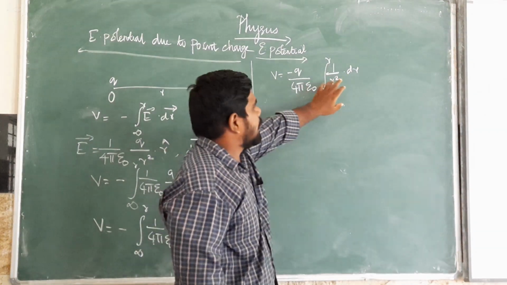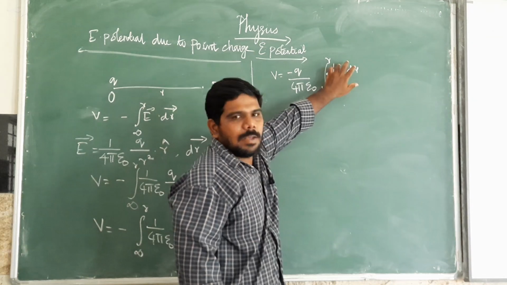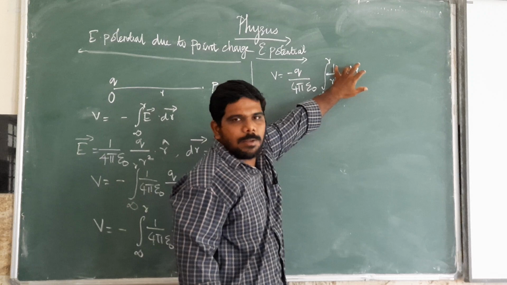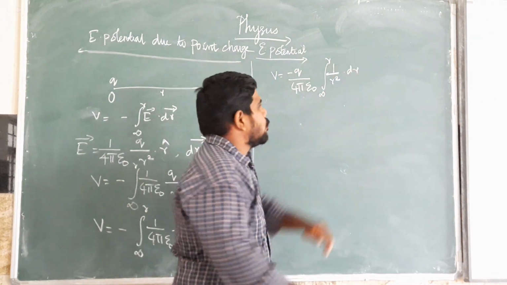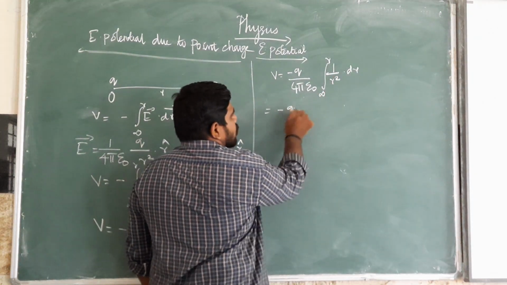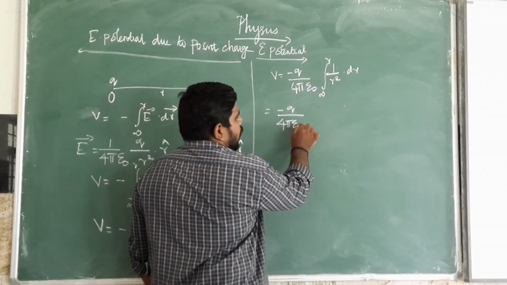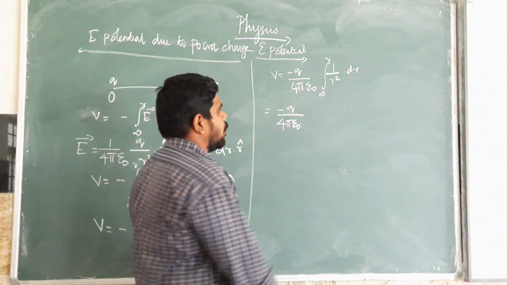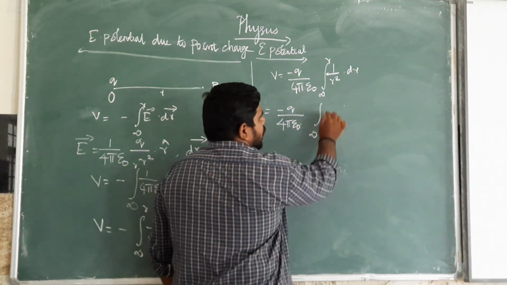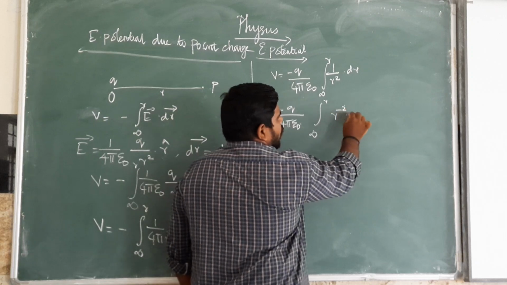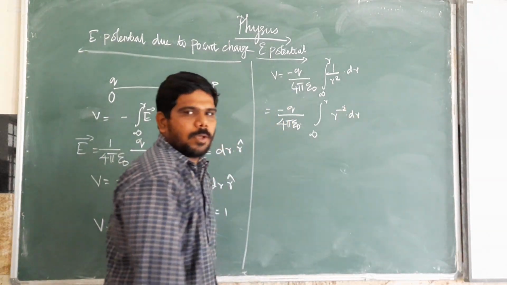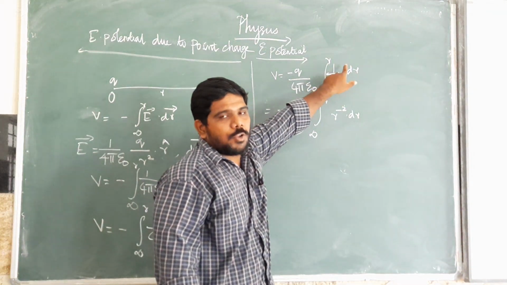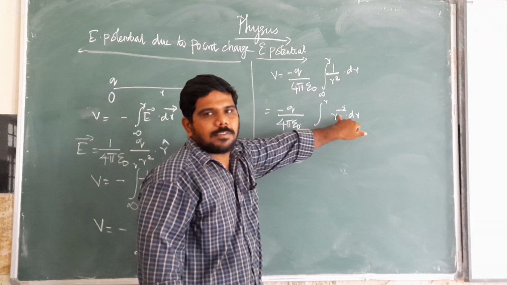Okay, if the denominator term moves to the numerator, the power will be represented by minus, isn't it? So we get minus q by 4 pi epsilon 0 into integral from infinity to r of r power minus 2 into dr. Clear?